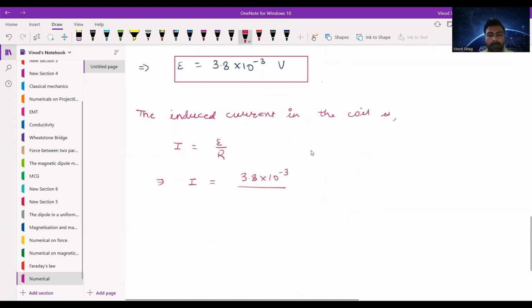So basically I equals 1.9 into 10 to the power minus 3 ampere, or we can say I equals 1.9 milliampere.